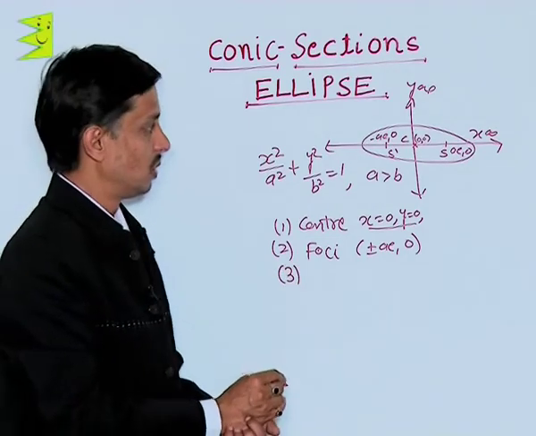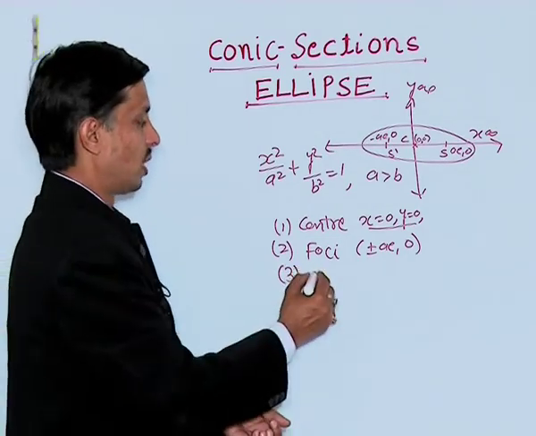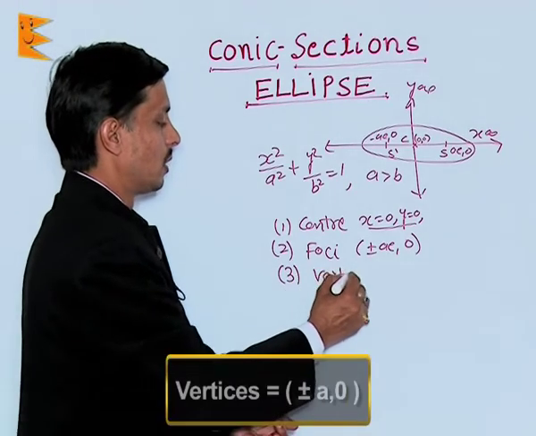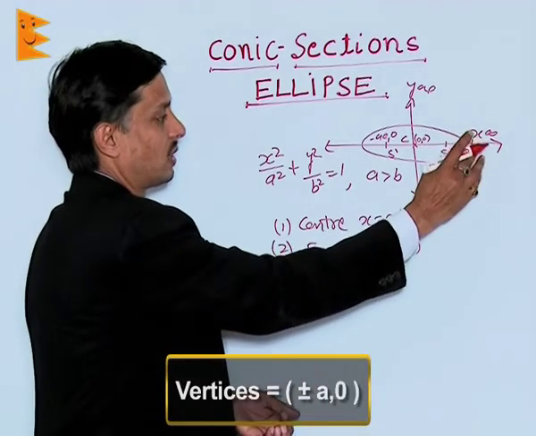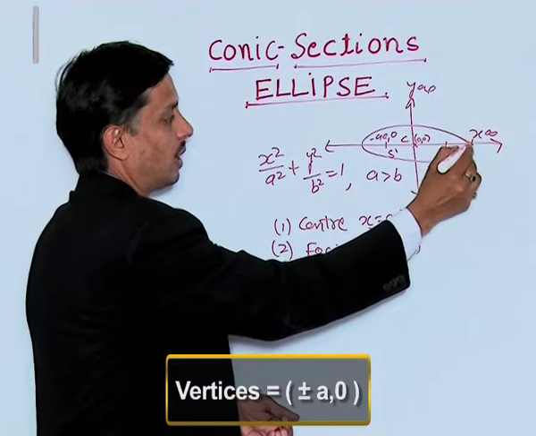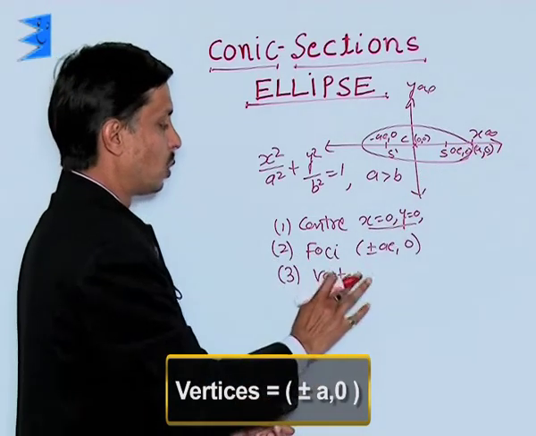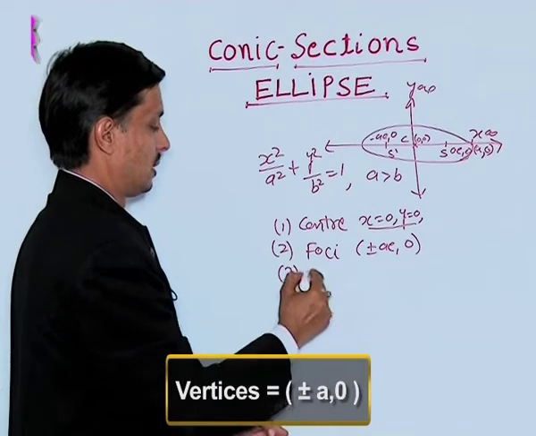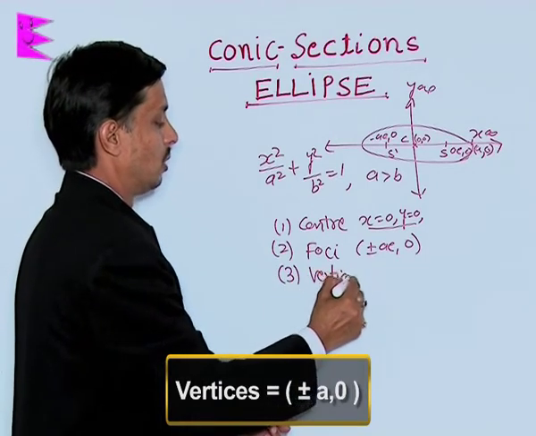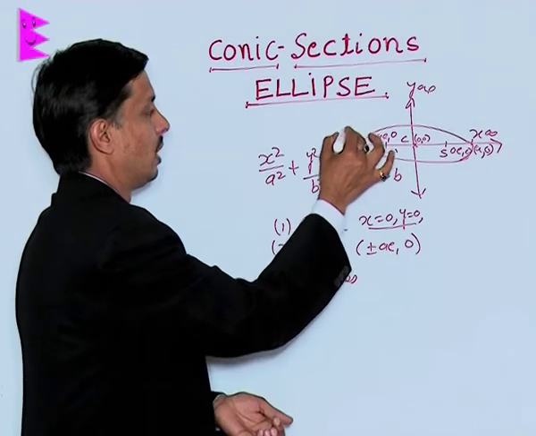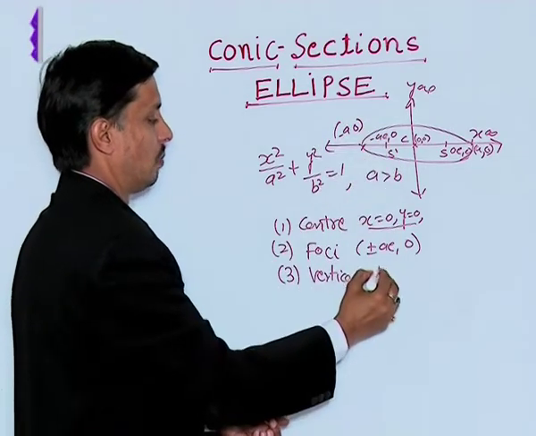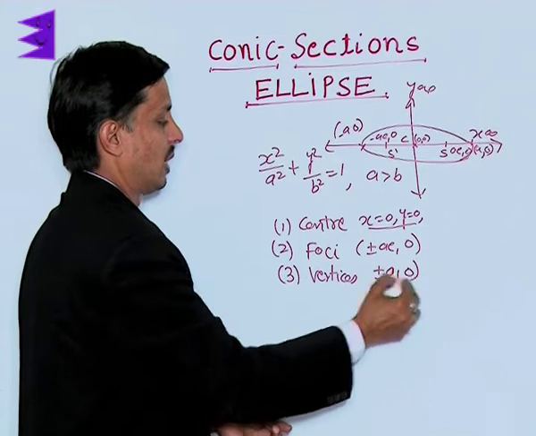Then we go for the third: what are the coordinates of the vertex? The coordinates of the vertices in the ellipse are given by two points, because there are two vertices, a comma 0 and minus a comma 0, that is plus minus a comma 0.